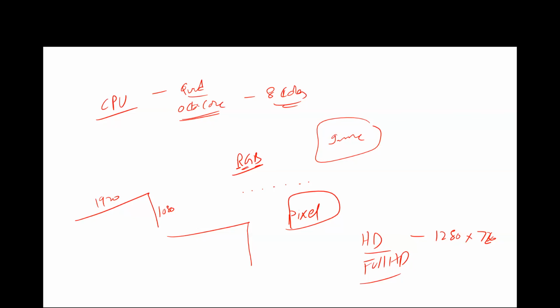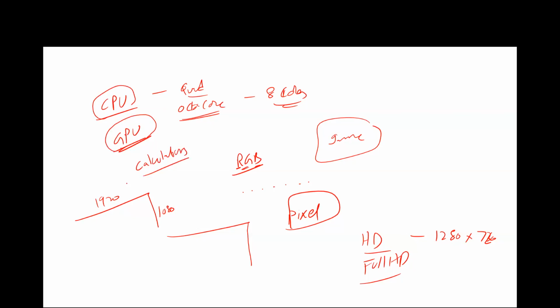Imagine 1920 into 1080. You are speaking about millions of pixels, and for each pixel, the intensity of three different colors has to be calculated and projected onto the screen so that you can enjoy the game. All that hard work is done by your graphic card or your GPU. So these GPUs are thousands of times more powerful than your CPU in calculations.